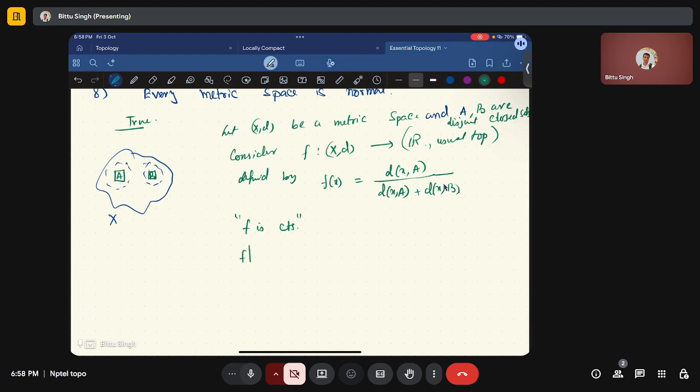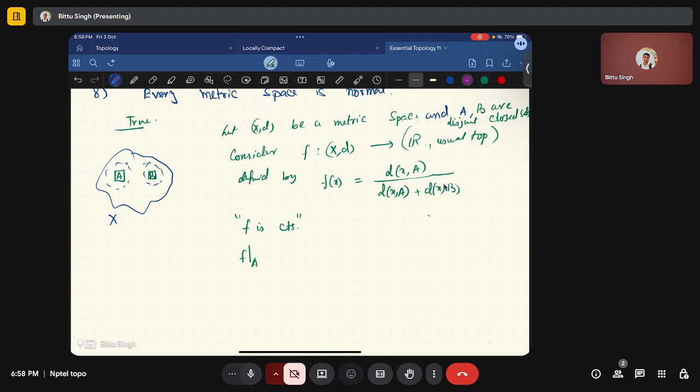If we restrict F over A, so if we take any point, if we take some a, then distance from this point a to this set A is 0. How is the distance defined?